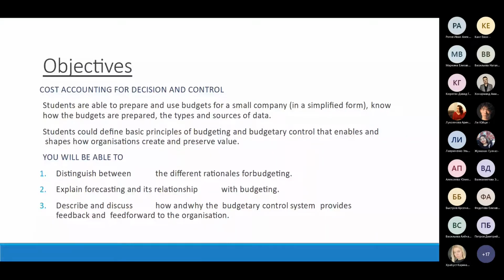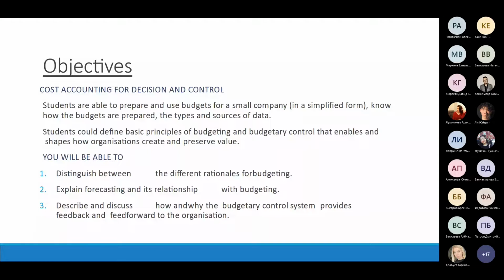Cost accounting for decision and control will give you specific information regarding budgets of different levels, and you will distinguish between different rationales for budgeting. Then we will explain forecasting and its relationship with budgeting, and describe the process of budgeting and how the budgetary control system provides feedback and feed forward to the organization.